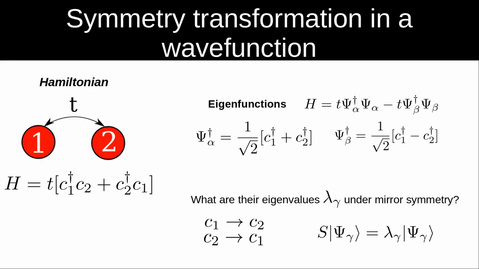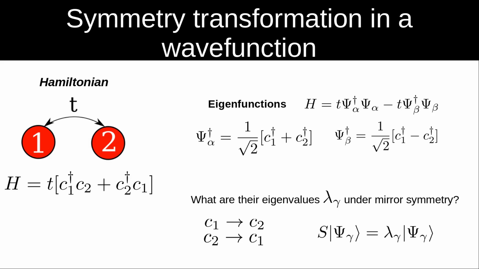The Hamiltonian has two eigenfunctions, because of course we have just a 2x2 Hamiltonian, and our eigenfunctions are c dagger 1 plus c dagger 2, and c dagger 1 minus c dagger 2. These two eigenfunctions get transformed in some way when we apply mirror symmetry.